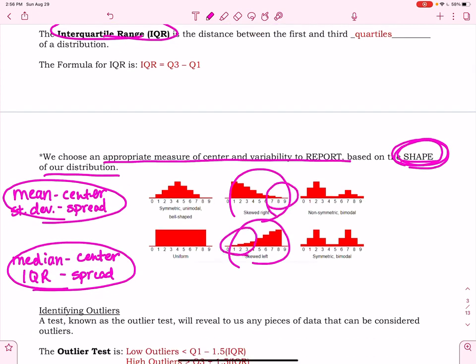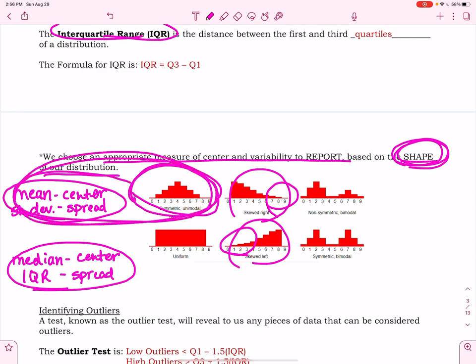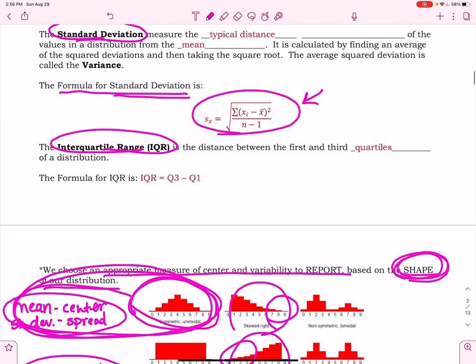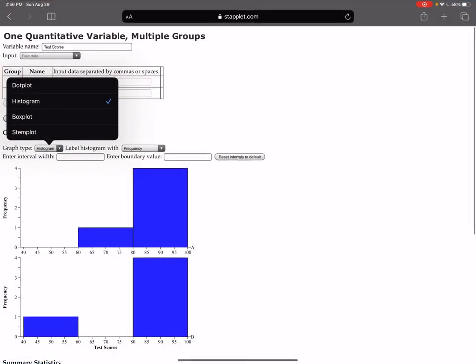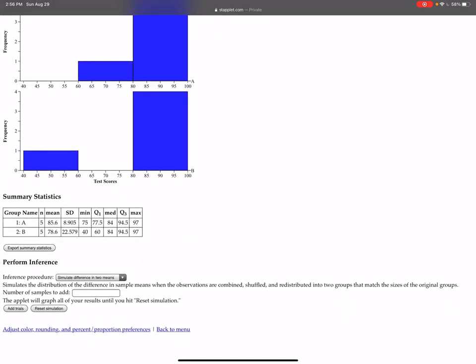That is why we stick with symmetric for the mean and standard deviation. All right, the measure for the IQR. The IQR takes the first and third quartiles of your distribution and subtracts them. Why is this important? Well, I'm going to go back to my graph here, and I want you to notice that the Q1 in your summary statistics is 77.5 for Group A, and it's 60 for Group B. For Group A, the Q3 is 94.5, and the Q3 for Group B is 94.5 as well.